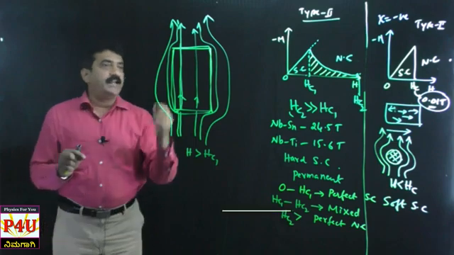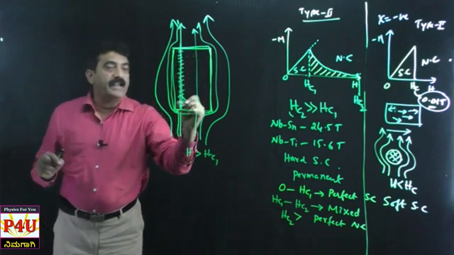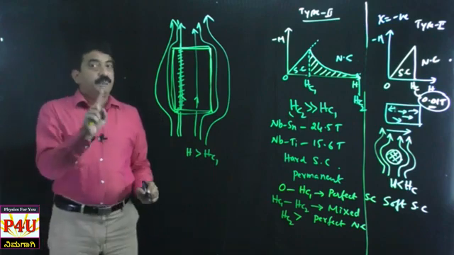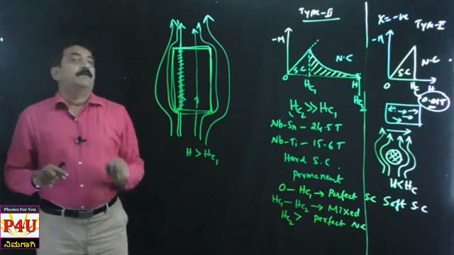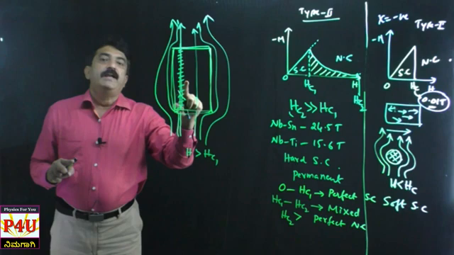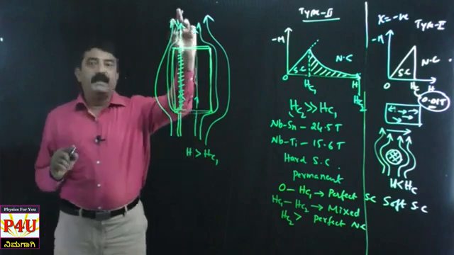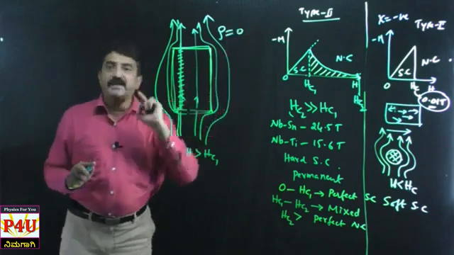Once they start entering, at least that portion is no more a diamagnetic portion. If it is not a diamagnetic portion, we cannot call it a perfect superconductor. But in this region, it is a diamagnet only. And whether magnetic lines enter or don't enter, still the resistivity is zero.